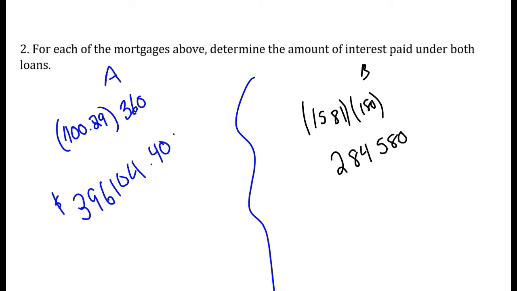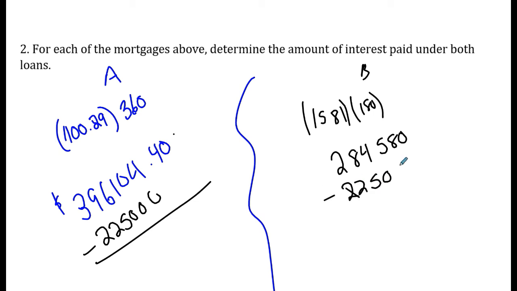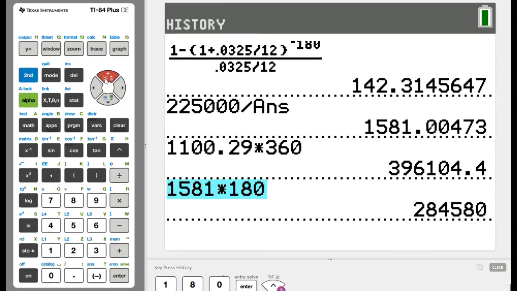So how much did I actually take out? How much was my loan for? Well, I was taking out $225,000. So let's subtract those to see how much interest was actually paid.